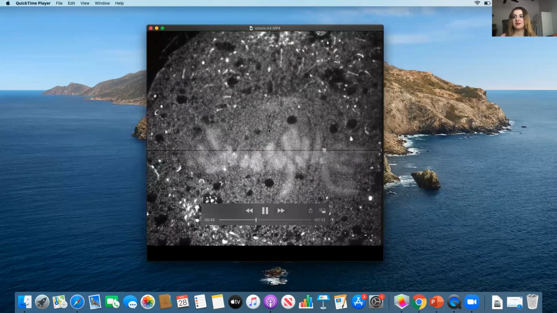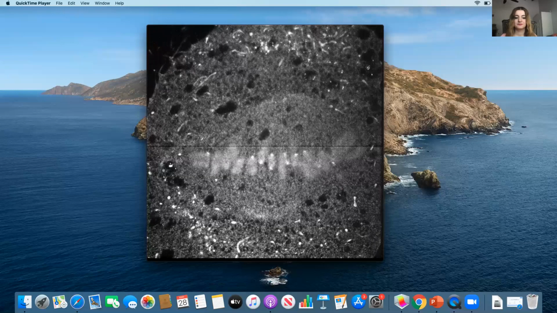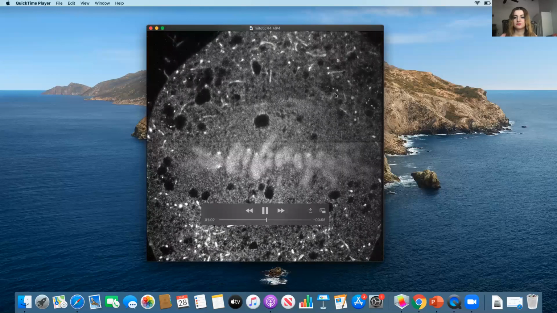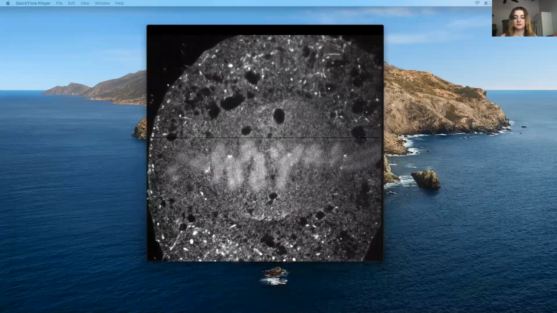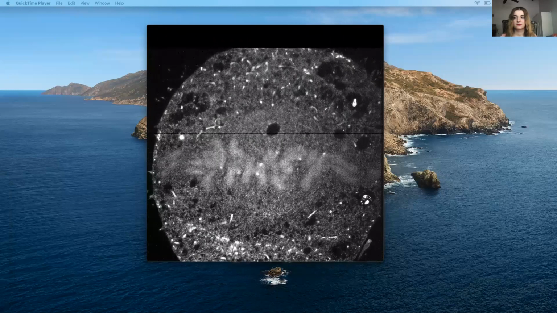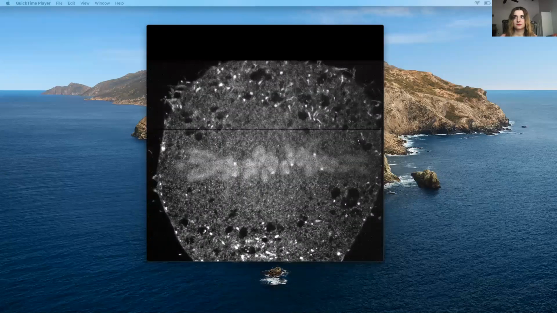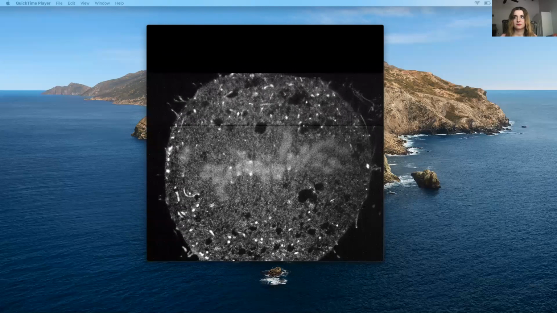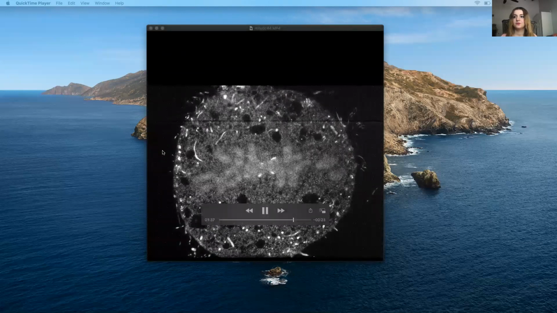And you can see a hint of the mitotic spindle. These are filopodia.